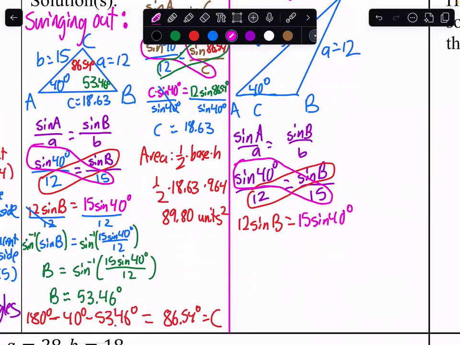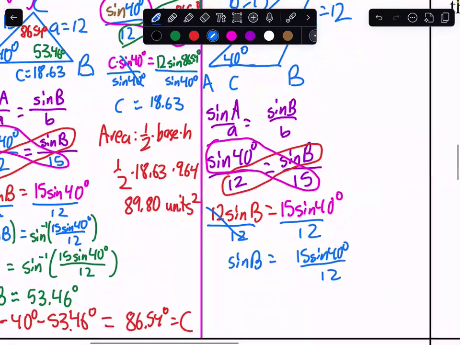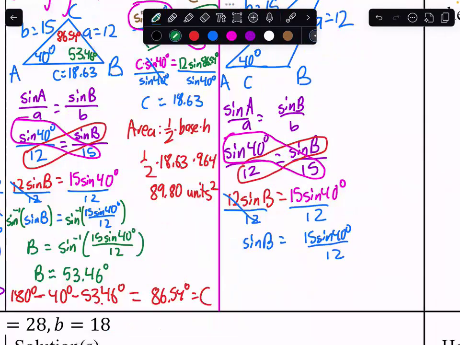We want to get the B by itself, so first we divide both sides by 12. And then to get the B out of the sine function, we will do inverse sine of both sides.